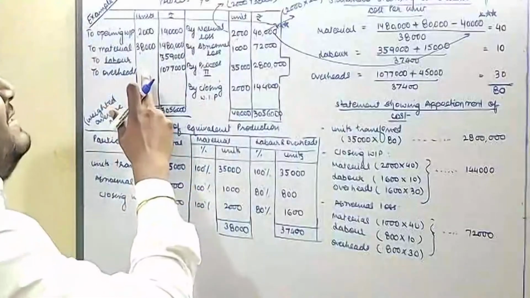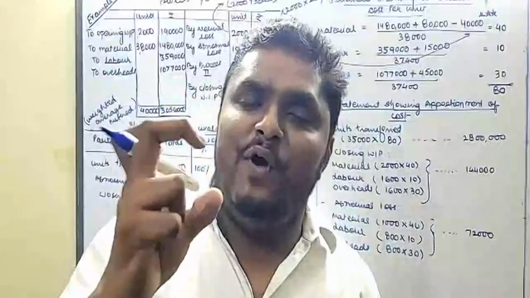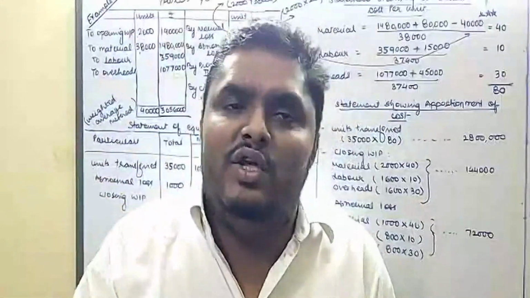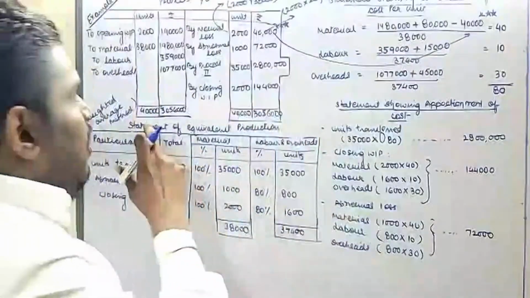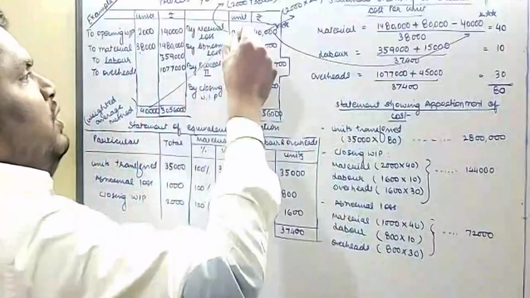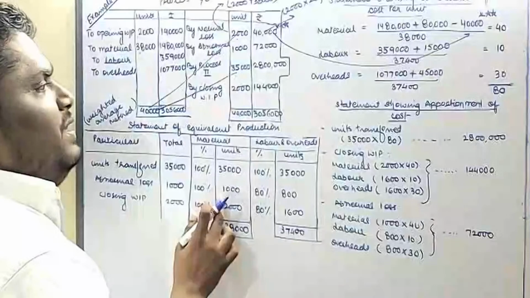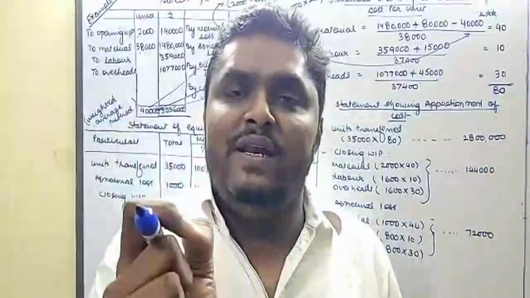See, Miss Ansari, in total we have 40,000 units in hand. Of these 40,000 units, 38,000 are the units introduced in the process, plus the 2,000 that is opening work in progress. Of these 40,000 units, 2,000 is my normal loss, 35,000 is my units transferred to the next process, and 2,000 is my closing work in progress.